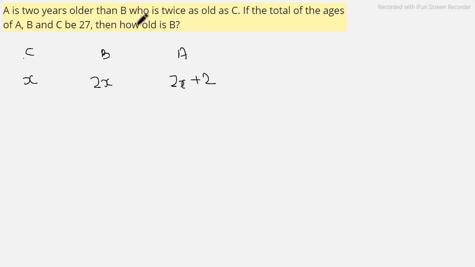And the total of the ages is 27. So this is a pretty simple question. x plus 2x plus 2x plus 2 gives 5x plus 2, so 5x is equal to 25.